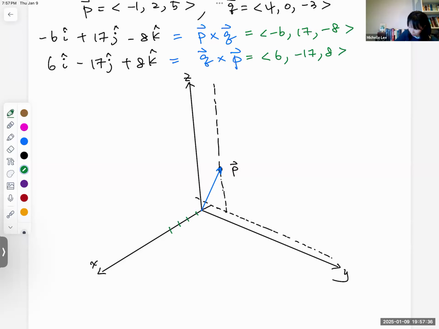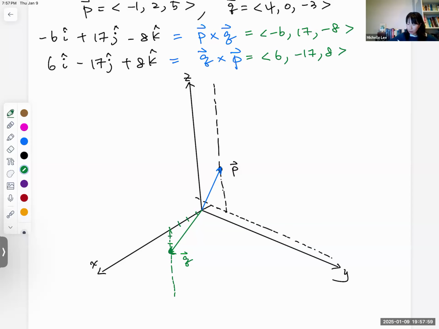From here, negative 3, parallel with the z-axis. So 1, 2, 3. That will be Q.